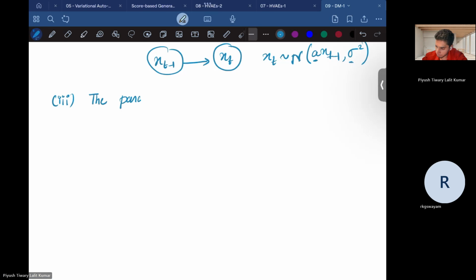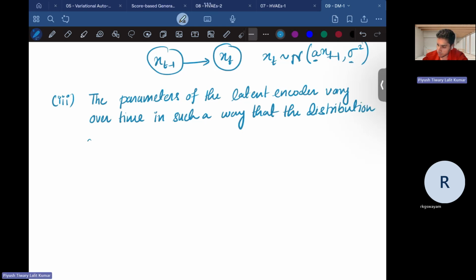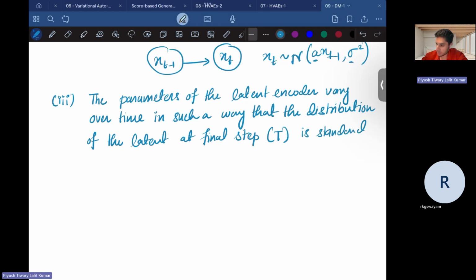The parameters of the latent encoder, which is nothing but a stochastic encoder with Gaussian maps, vary over time in such a way that the distribution of the latent at the final step, capital T, is standard Gaussian.